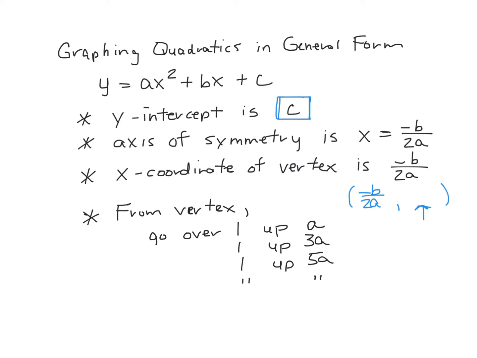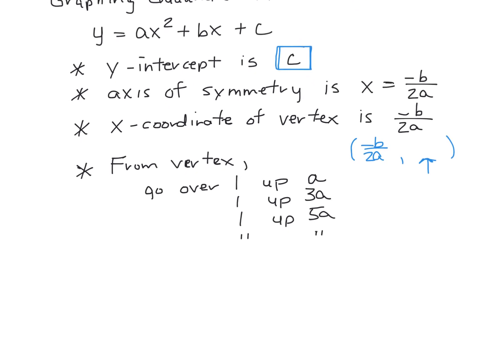But anytime from the vertex, to get other points, you can also go over 1 up whatever the a value is, then over 1 up 3 times the a, over 1 up 5 times the a, and so on. And so, for example, if you had an equation like this, you would find the vertex.